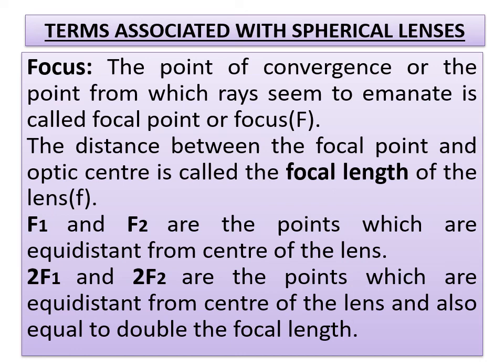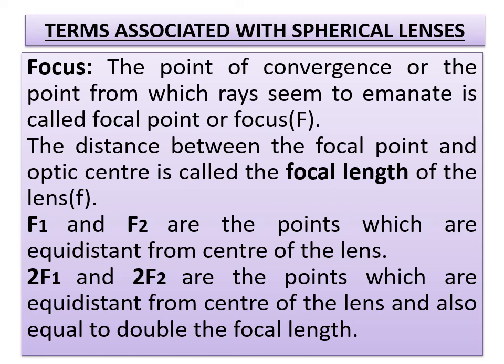Capital F1 and capital F2 are the points which are equidistant from the center of the lens, that is, from the optic center on either side of the lens. And one more point you have to remember: 2F1 and 2F2 are the points which are equidistant from the center of the lens and also equal to double the focal length.